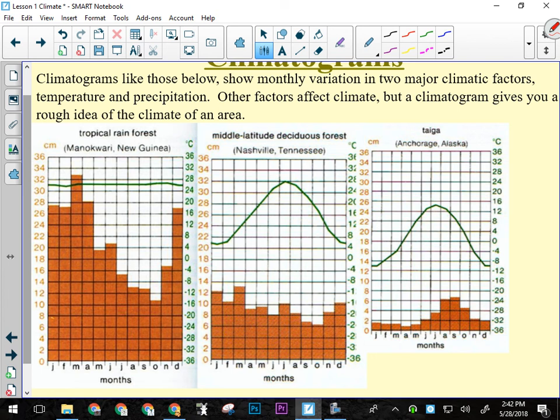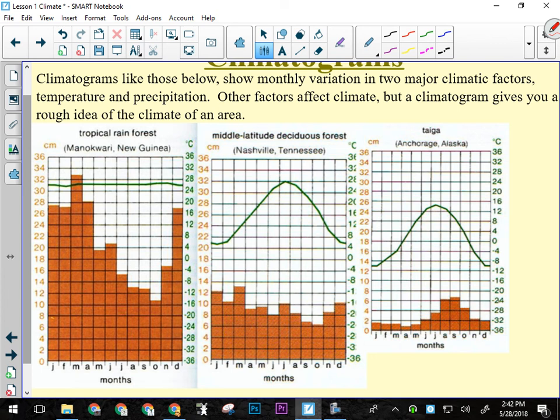To give you an idea, their driest month here in Manokwari, New Guinea, gets about 11 centimeters of rain. They get that much rain in their driest month. In their wettest month, they're getting 32 to 35 centimeters of rain.